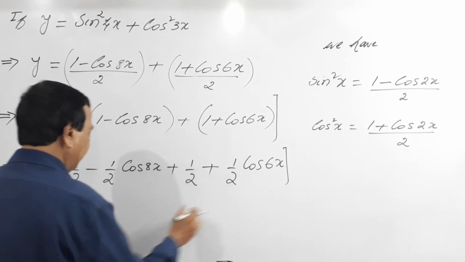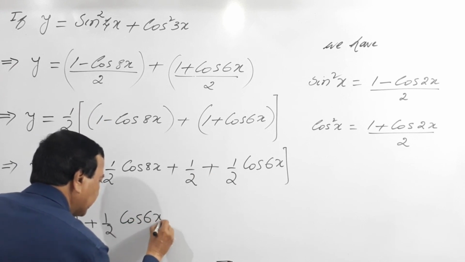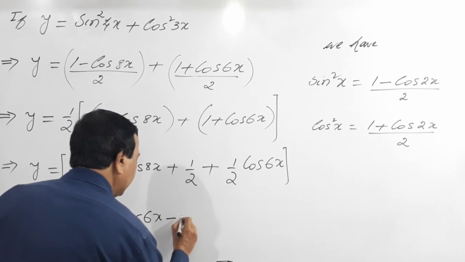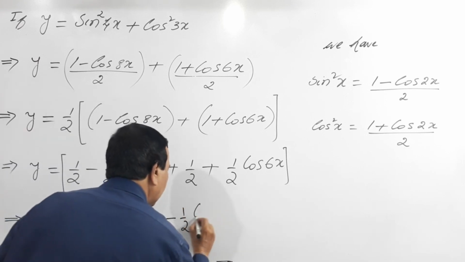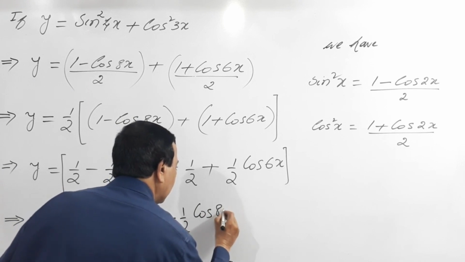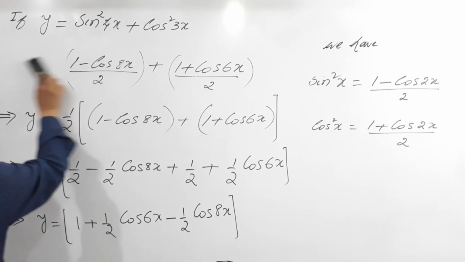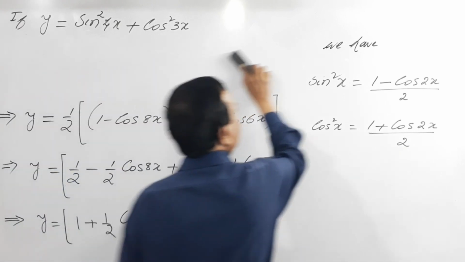I will take the plus sign first, half into cos 6x. Again we have minus half into cos 8x. Done. I remove this, and this too.